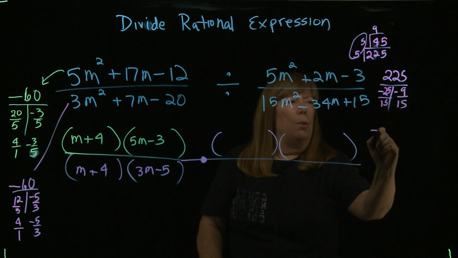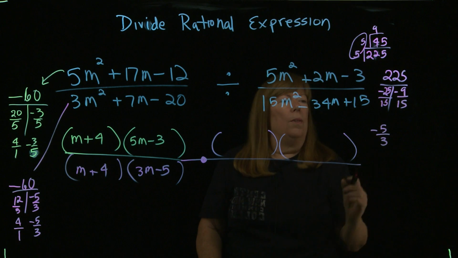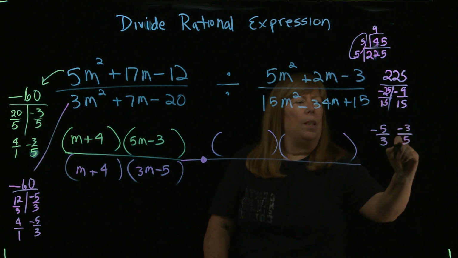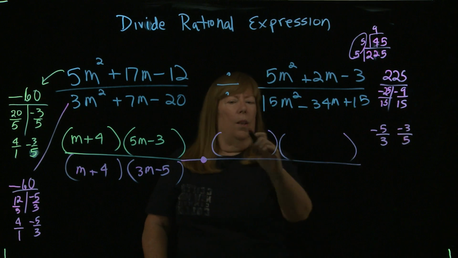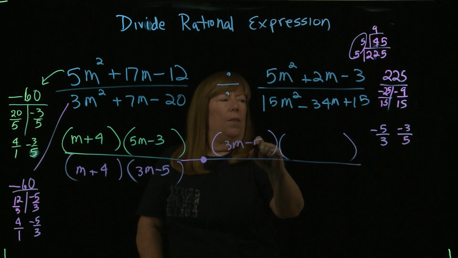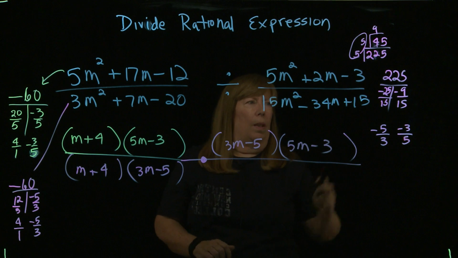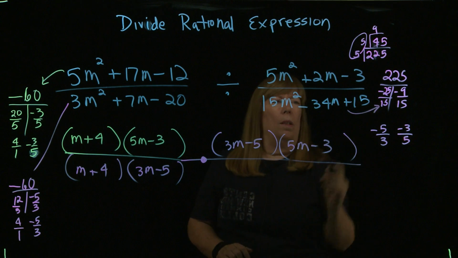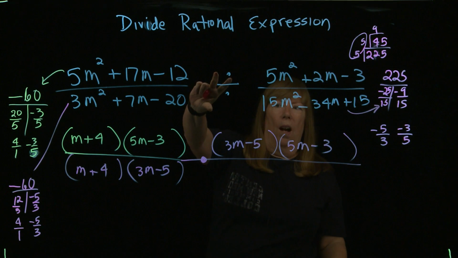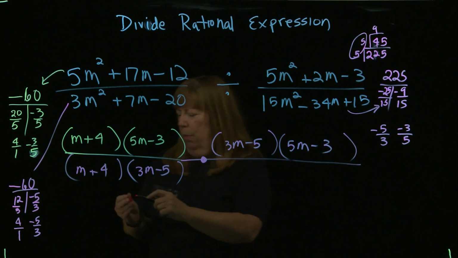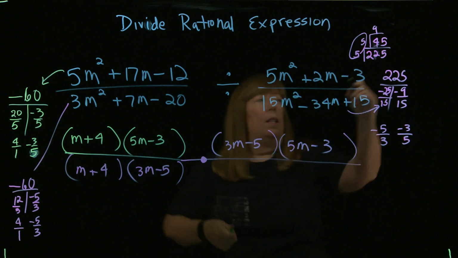So 5 goes into 25 5 times, goes into 15 3 times, 3 goes into 9 3 times, goes into 15 5 times. So I got 3m minus 5 times 5m minus 3. Okay, so remember this was this one because when you divide, you flip it. Got it?